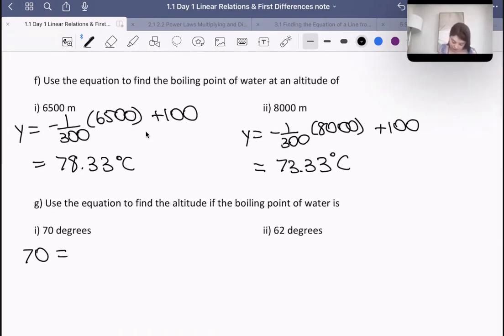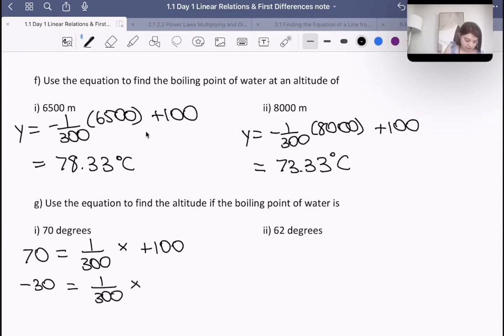So 70 is equal to -1/300x plus 100. Okay, so now we're going to subtract 100 from both sides. Over here, we're going to get -30 is equal to -1/300x, and then 30 times 300, and its negative is going to give us that x is equal to -9,000.